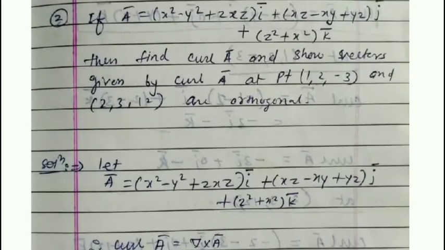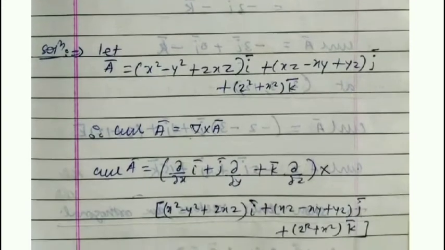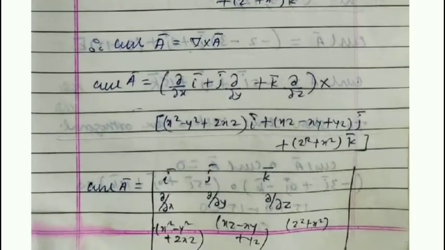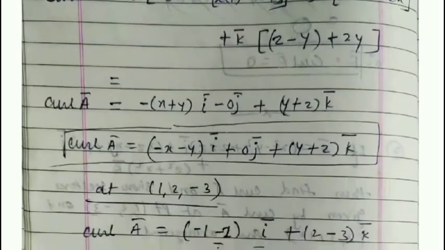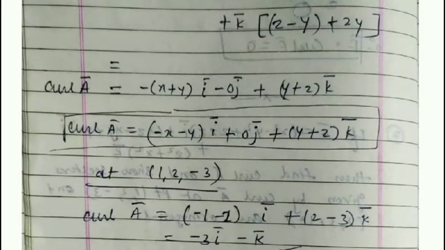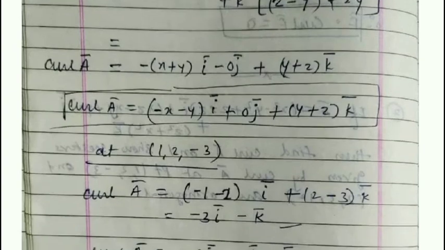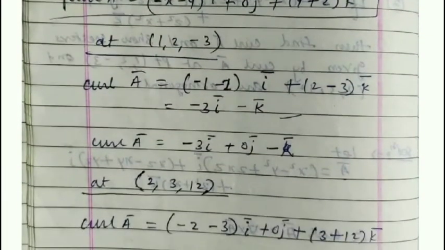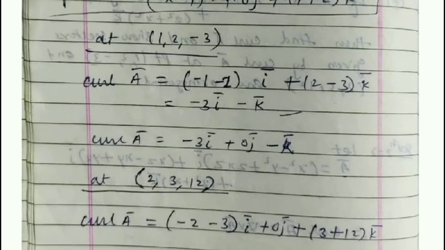Next, second question. If a bar is this, then find curl of a and show that the vectors given by curl of a at points (1, 2, -3) and (2, 3, 12) are orthogonal, okay. We are given a vector point function a, and we have to calculate its curl, and after calculating it we have to put in these two points.